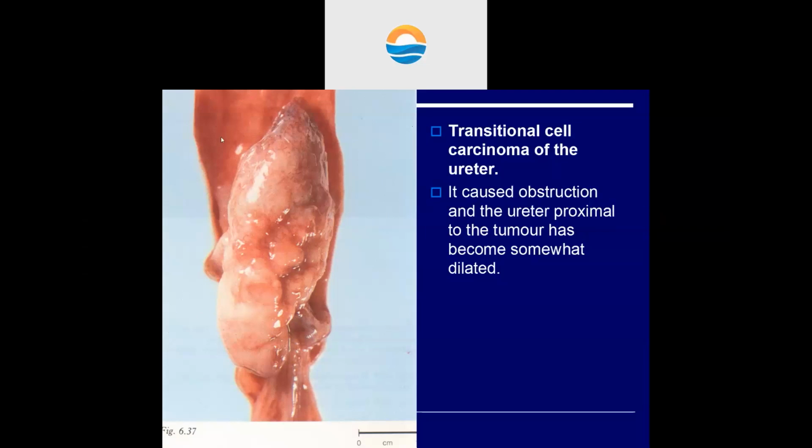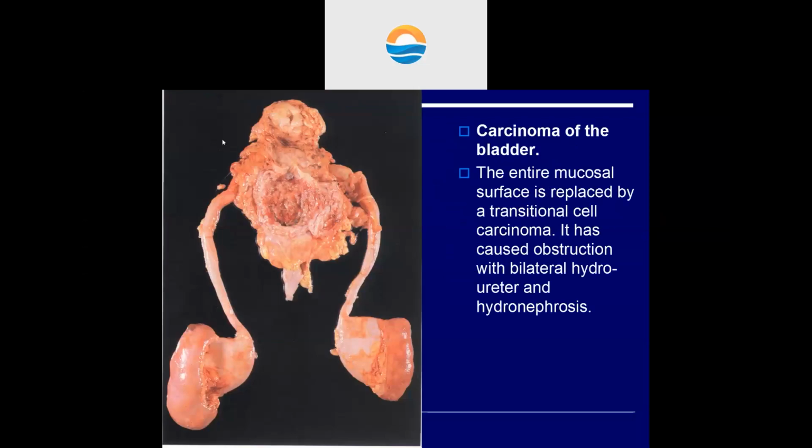Here you see the dilation due to tumor. Carcinoma of the bladder. The entire mucous surface is replaced by a transitional cell carcinoma. It has caused obstruction with bilateral hydroureter and hydronephrosis.